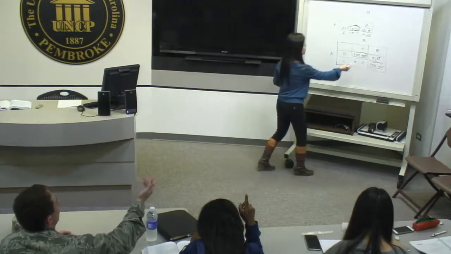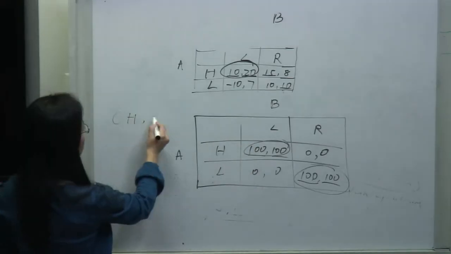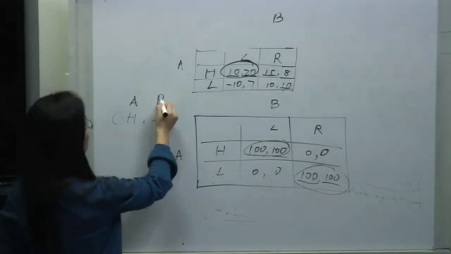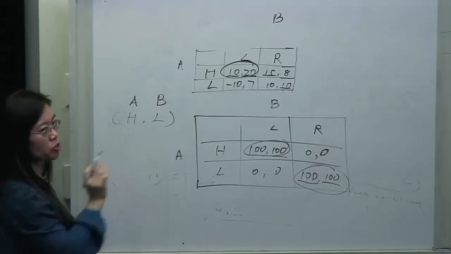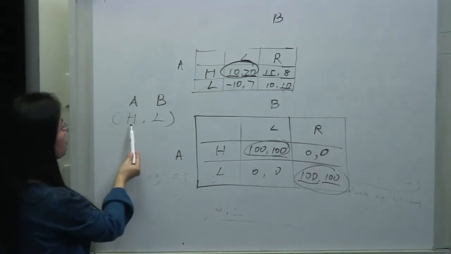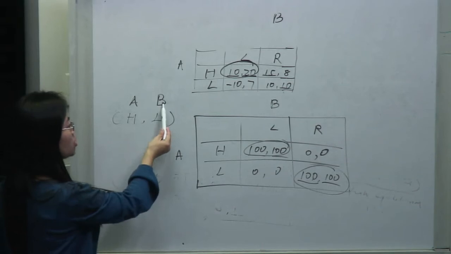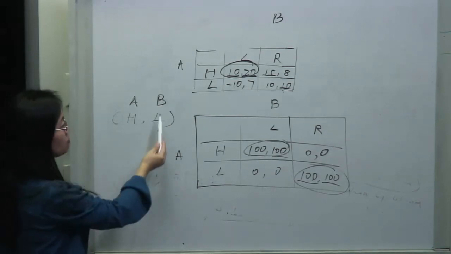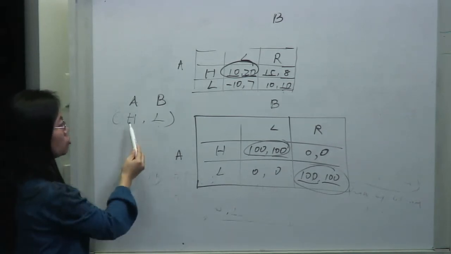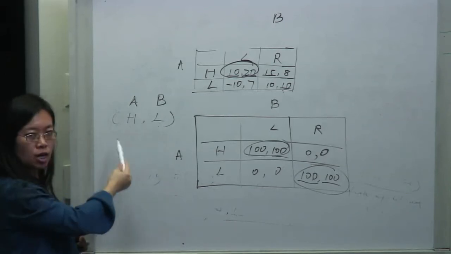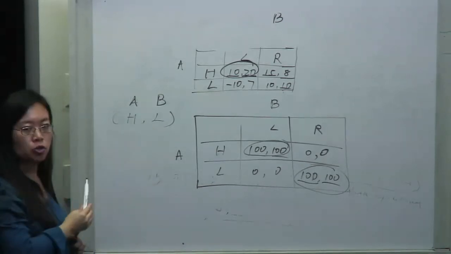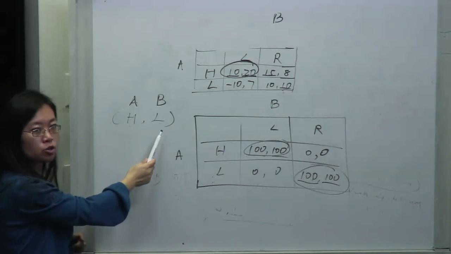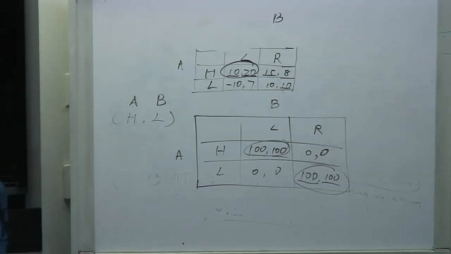Look at this one. A plays H, B plays L. This is Nash equilibrium. Why? Because when A plays H, the best thing for B to do is play L. When B plays L, the best thing for A to do is choosing H. That's why this is a Nash equilibrium. Given the other player's strategy, each one is playing its best.